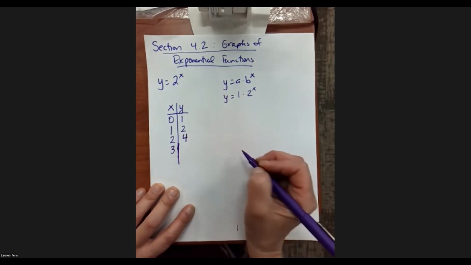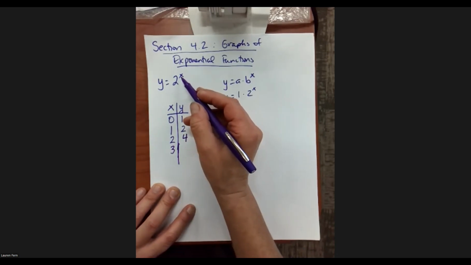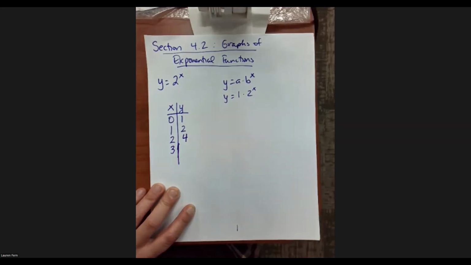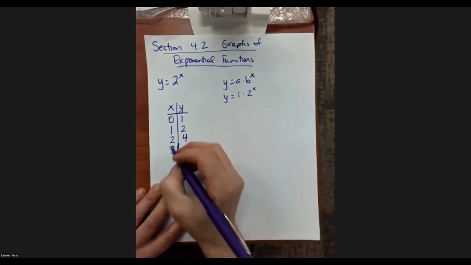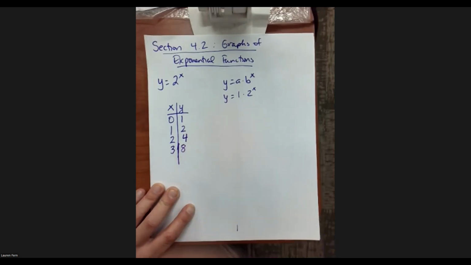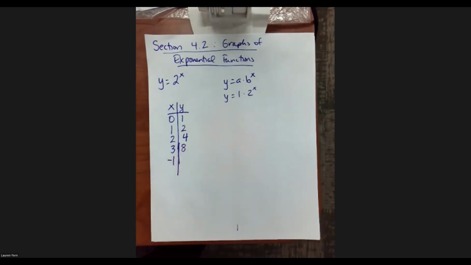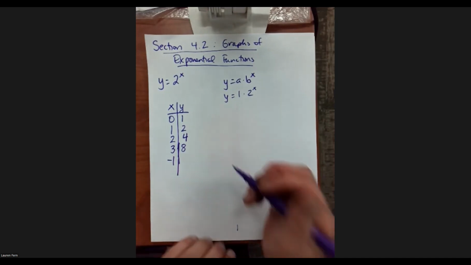One more. If I plug in 3, what is 2 cubed? 8, right? 2 times 2 is 4 times 2 is 8. Okay, I can plug in negative values. I have no domain issues here. Okay, so I can plug in negative values as well.